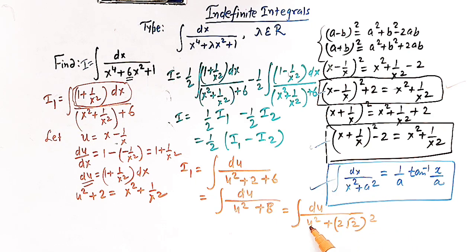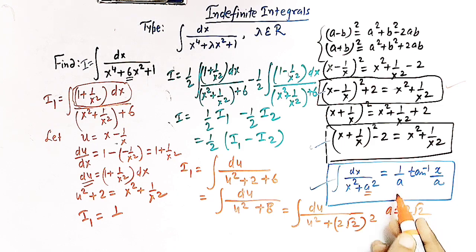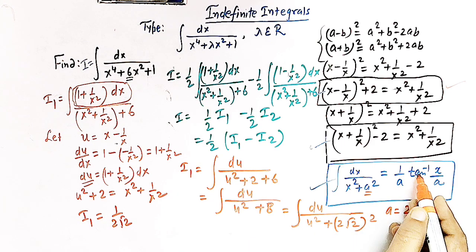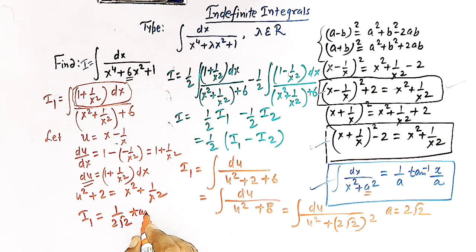Here the variable is u, and the value of a is equal to 2√2. So the value of I1 is now equal to 1/a, a is 2√2, and here we have tan⁻¹(x/a). For x we have u, and for a we have 2√2.